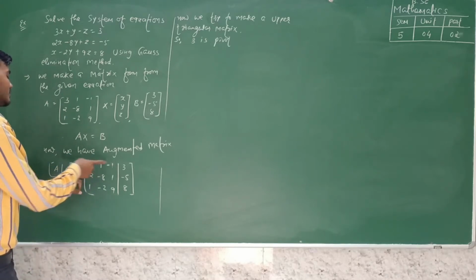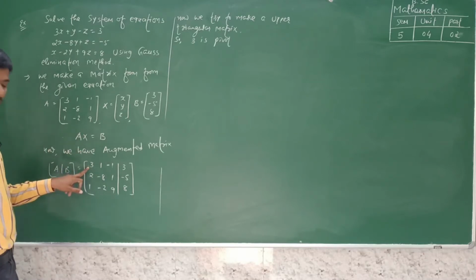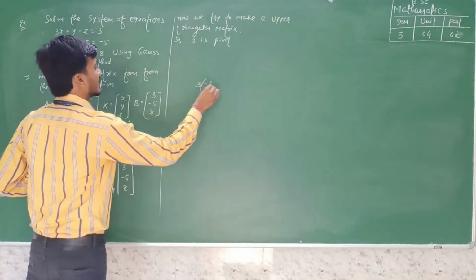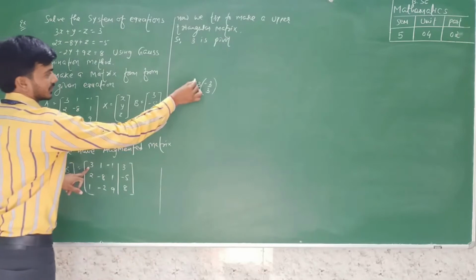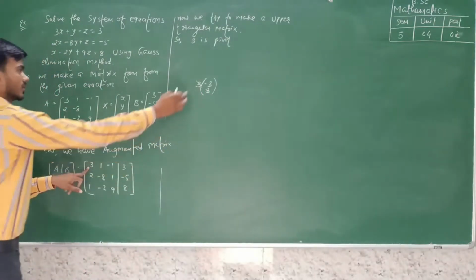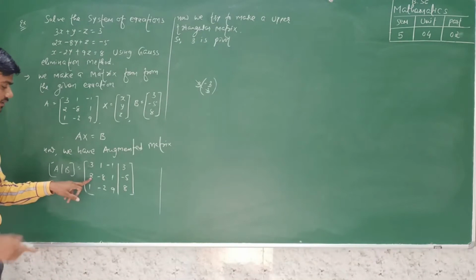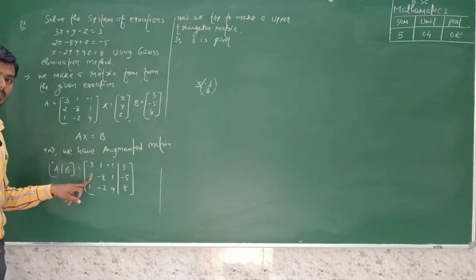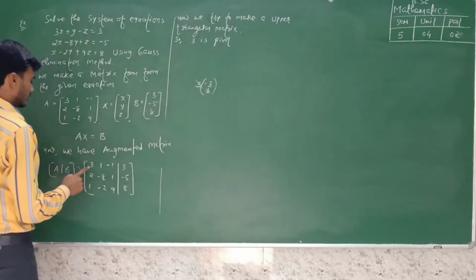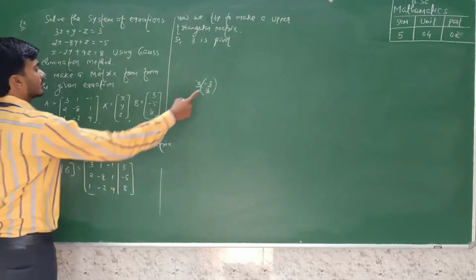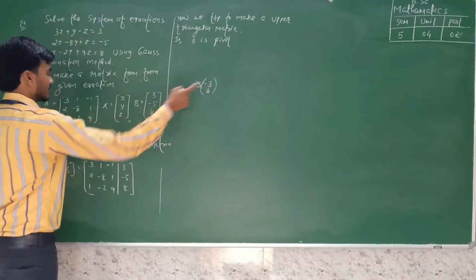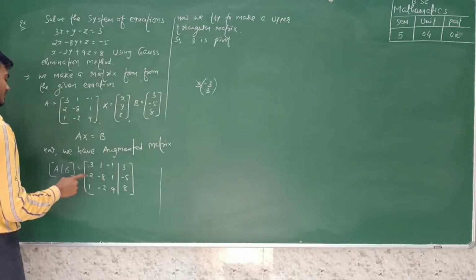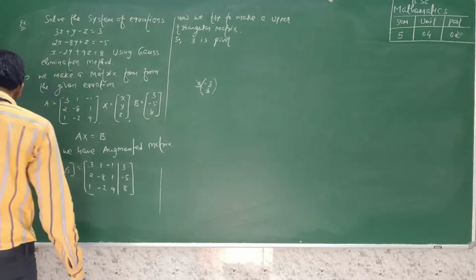Each element of the first row is multiplied by minus 2 by 3 and added into the second row. So 3 multiplied by minus 2 by 3, the 3s cancel, remaining minus 2, adding to positive 2 gives 0. So these elements become 0.